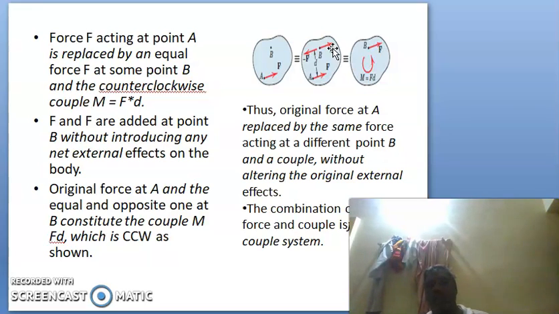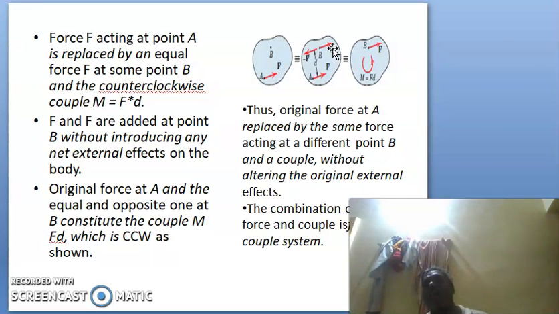We can call it a couple or a moment. Two equal and opposite forces separated by a distance can be called a couple. In fact, it has to be referred to as the moment due to a couple, but still the word couple should be sufficient.